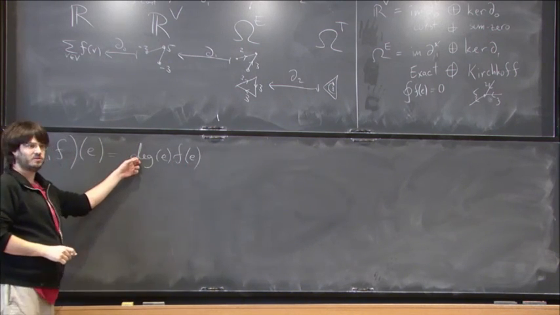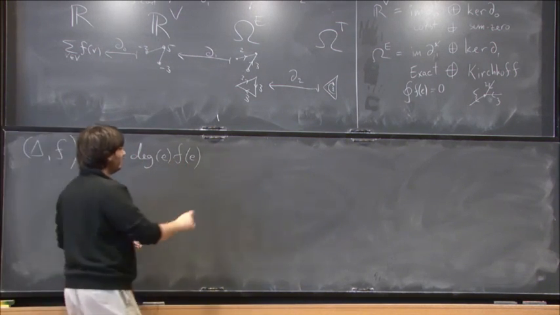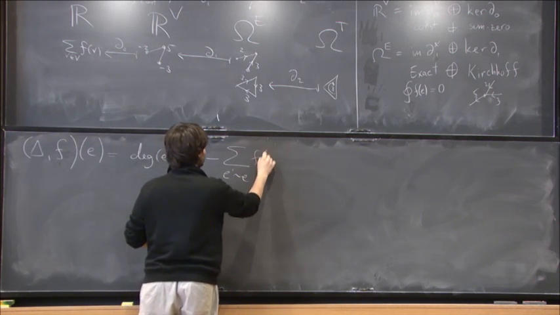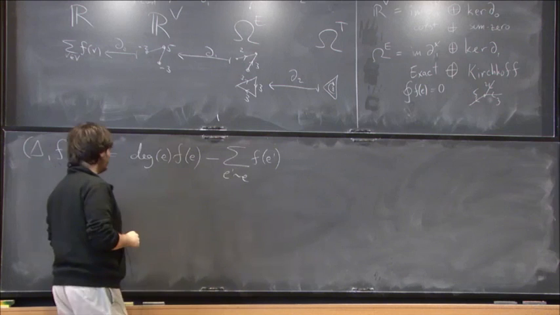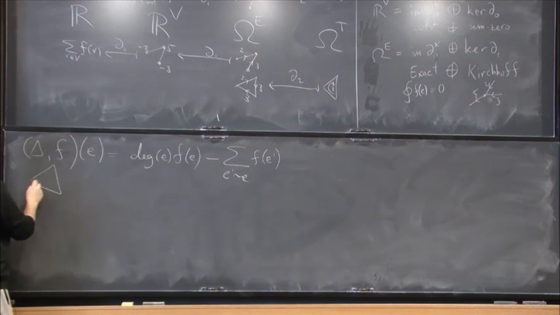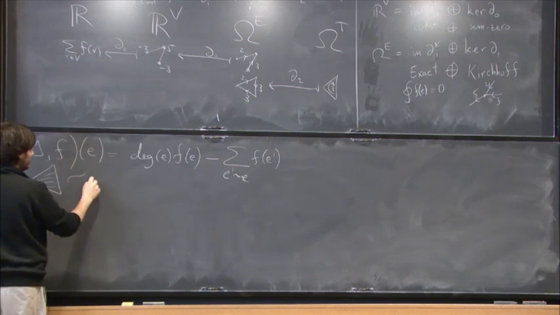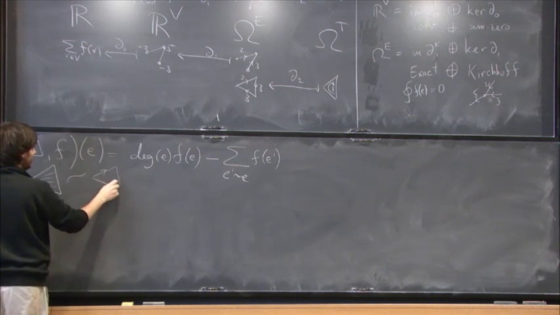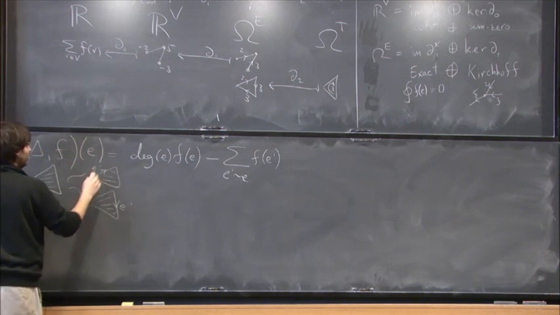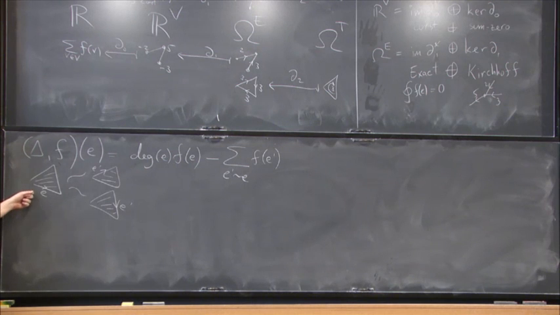And here the degree is the number of triangles it contains, minus the sum over neighboring edges, where neighboring here is the following. The directed edge E is neighbors with this directed edge and with this directed edge. So these are the two neighbors of this E.